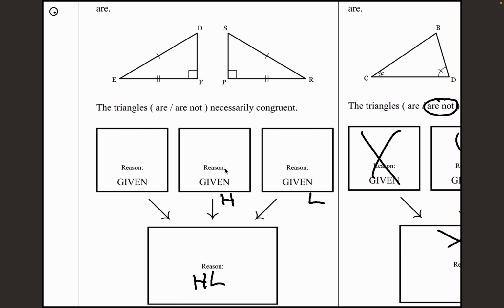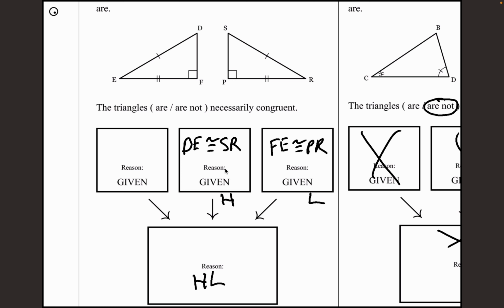So how can I name that the 2 hypotenuse sides are congruent? DE is congruent to SR. What about my 2 legs? FE is congruent to PR.